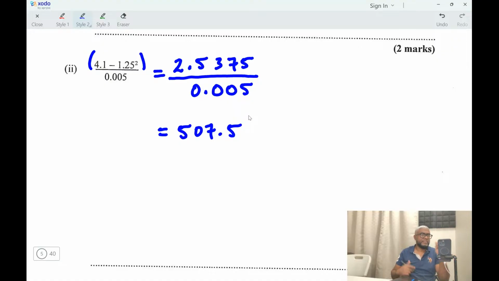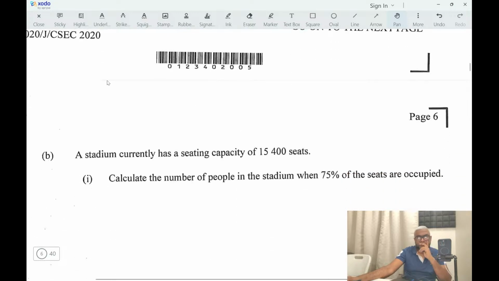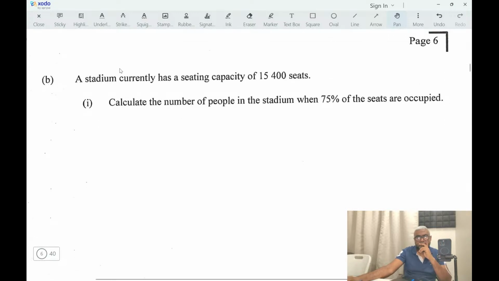All right, so let's go scrolling down. A stadium currently has a seating capacity of 15,400 seats. Calculate the number of people in the stadium when 75% of the seats are occupied.